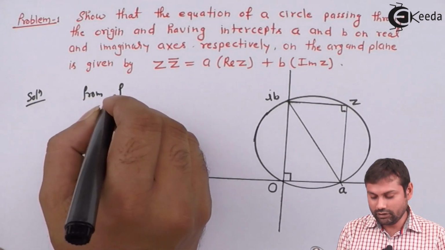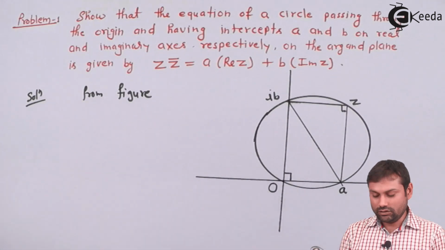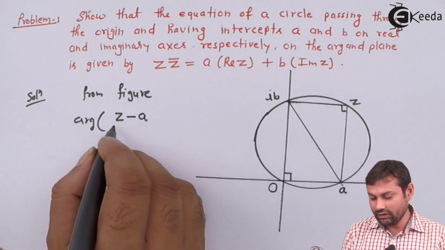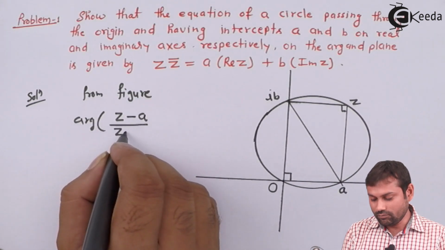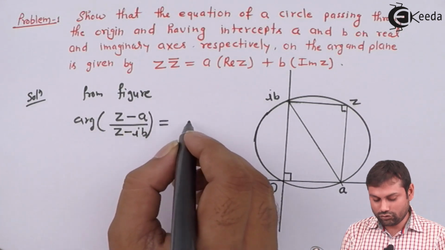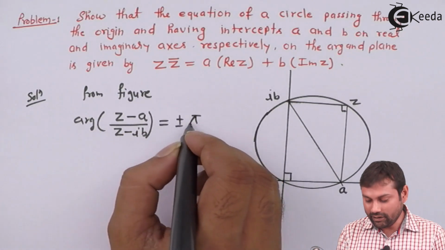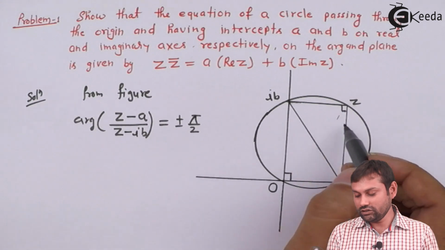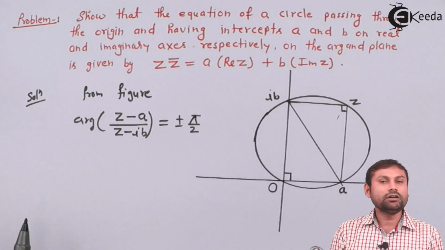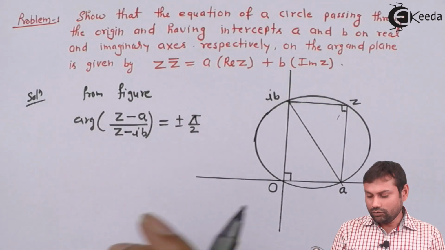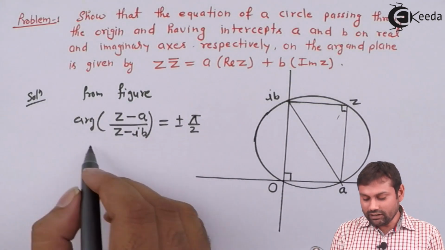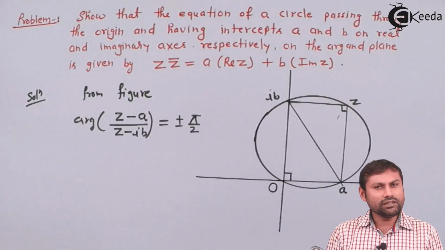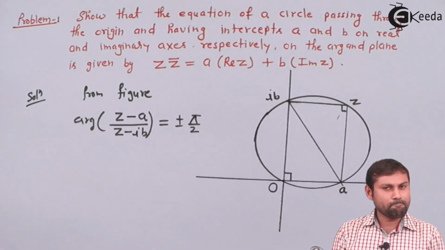From the figure, you can see that the argument of (z minus A) upon (z minus iB) is equal to plus minus pi by 2, because this angle, the angle between z minus A and z minus iB, is plus minus pi by 2. So definitely (z minus A) upon (z minus iB) is an imaginary number, and it will lie on the imaginary axis.